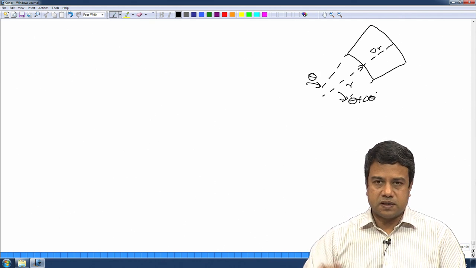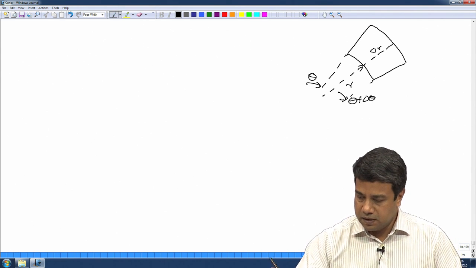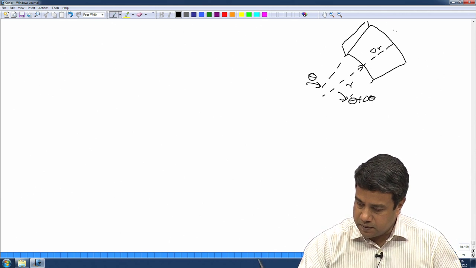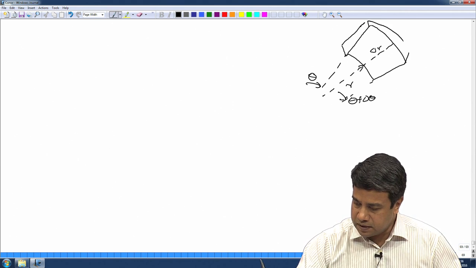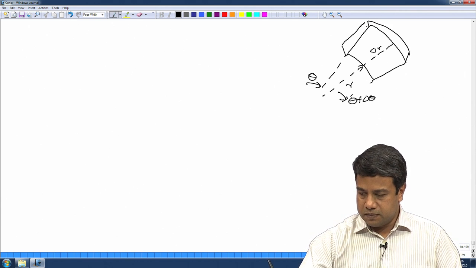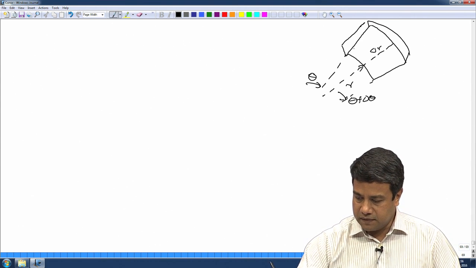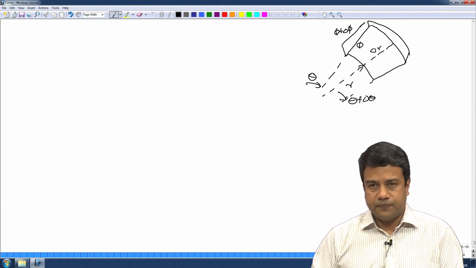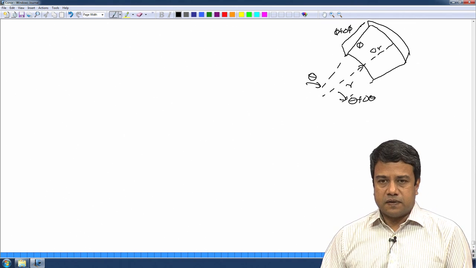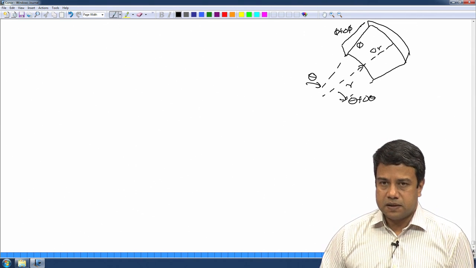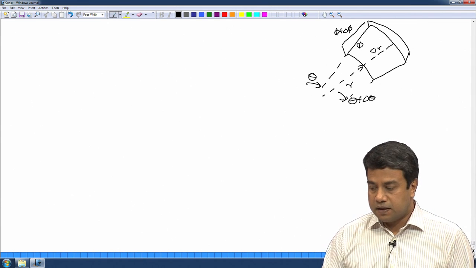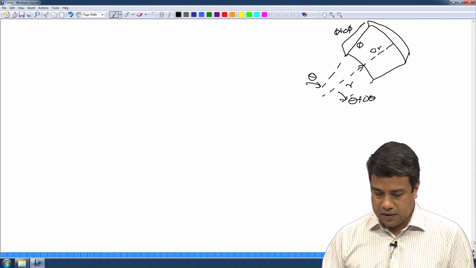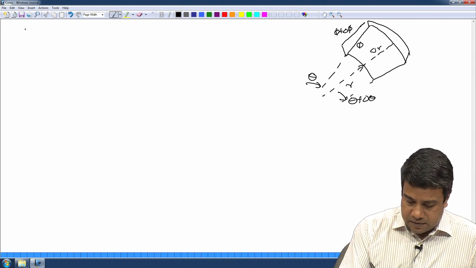I have moved a small distance delta theta, and then I have this third face, which is perpendicular to the phi direction. So, this will be at the angle phi and this will be at the angle phi plus delta phi. And I have to write a flux balance for these, a mass balance, but first I have to identify the surface area of these surfaces. What are the surface areas?